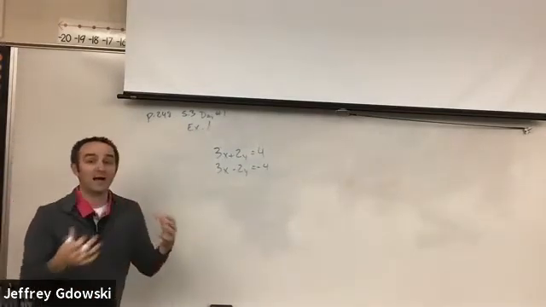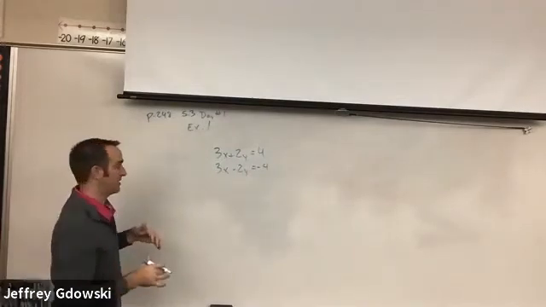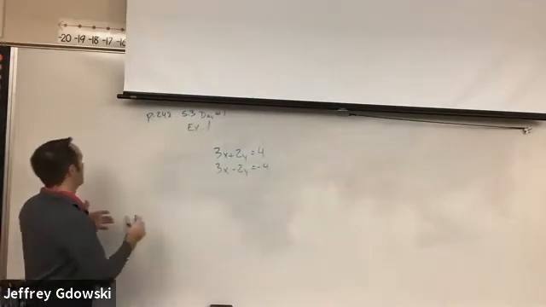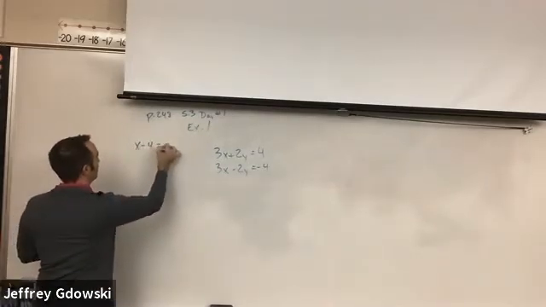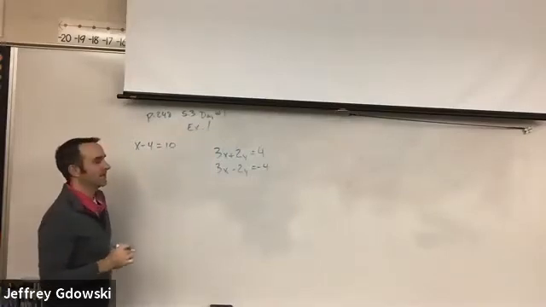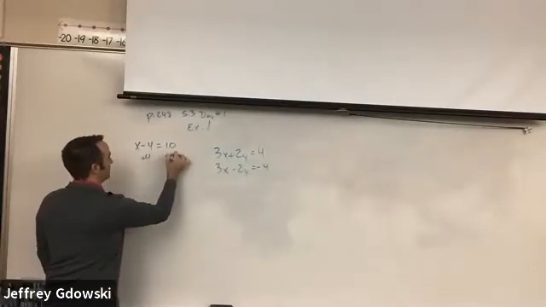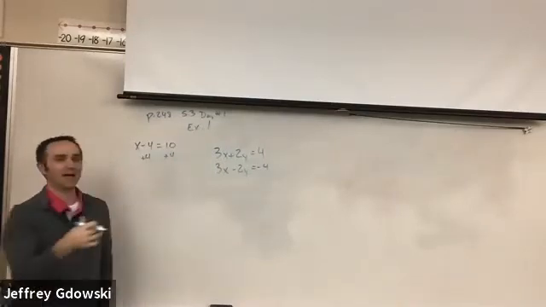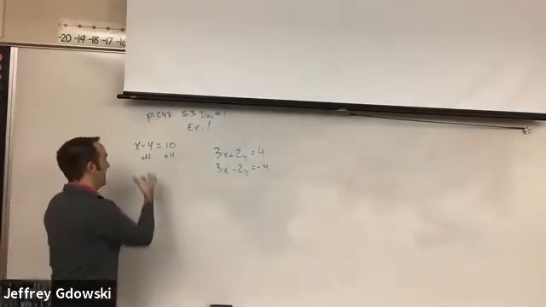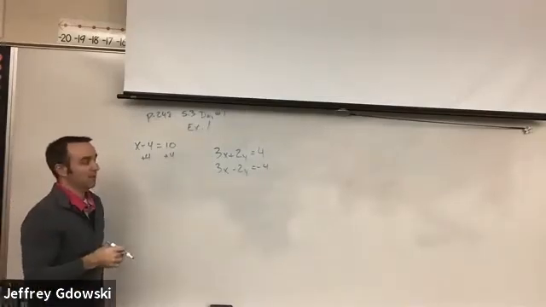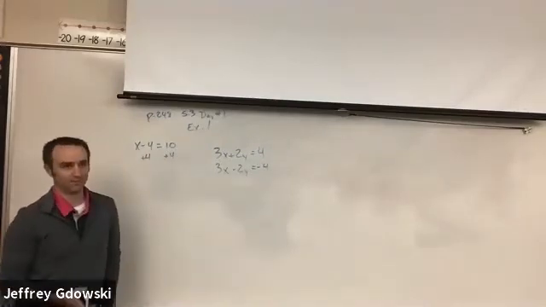Let me explain why we can do it first, and then I'll show you what we're going to do. Way back at the beginning of the year, we said you can add the same thing to both sides, and it keeps an equation the same. Well, what if I had two things that are equal to each other?